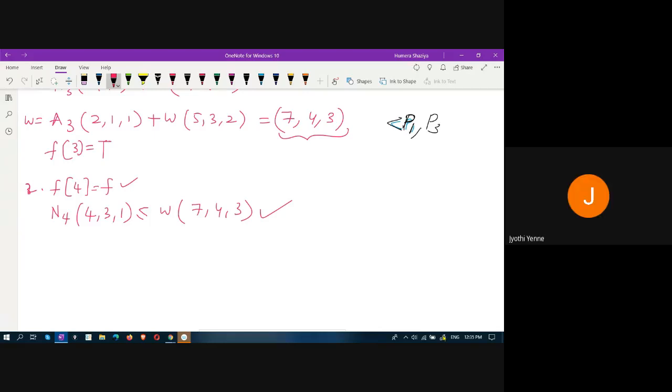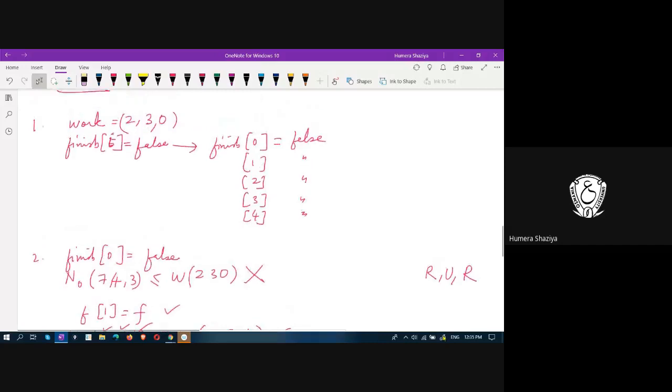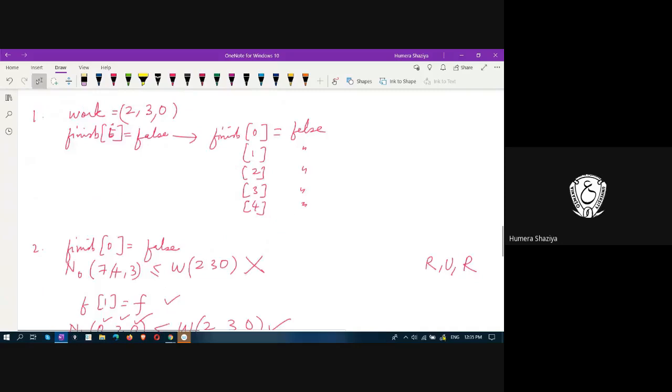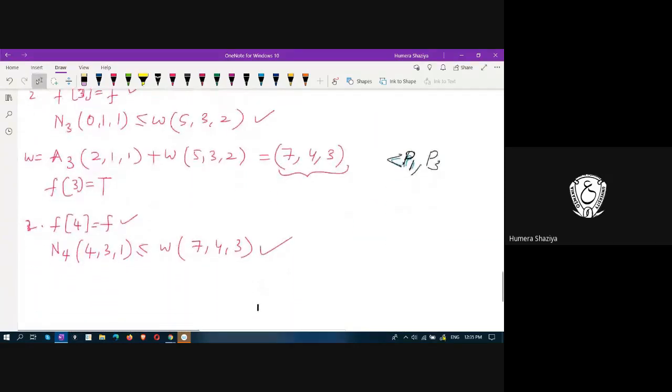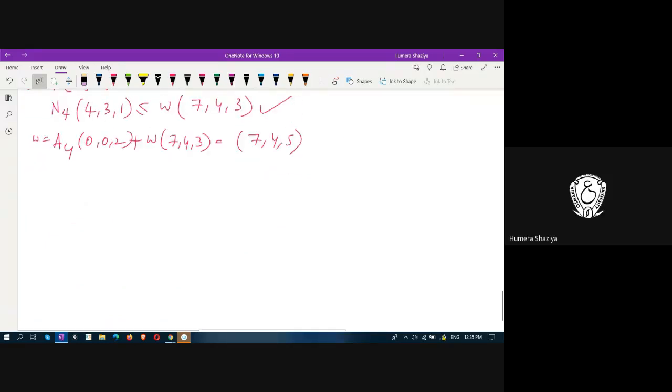Yes means now to available resources we add the allocated one. How many have been allocated? 0 0 2. So 0 0 2 plus 7 4 3 is equal to 7 4 5. This is available.